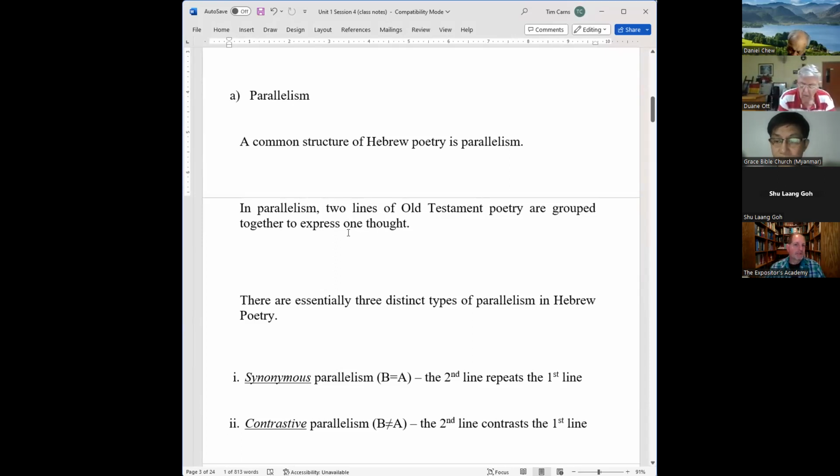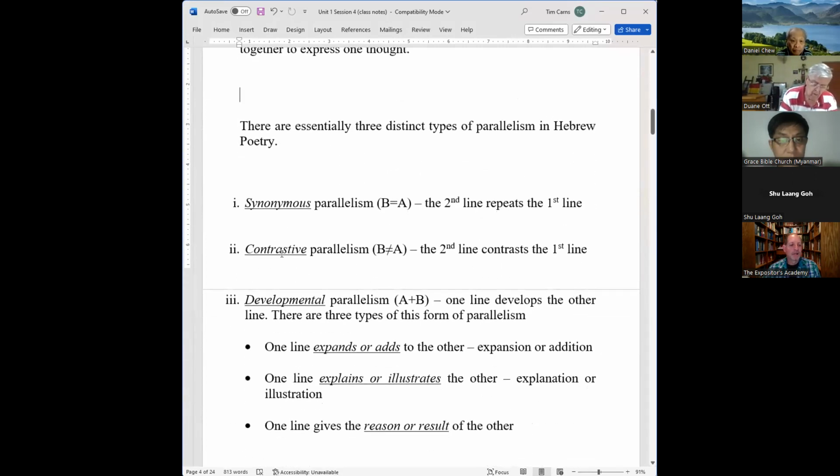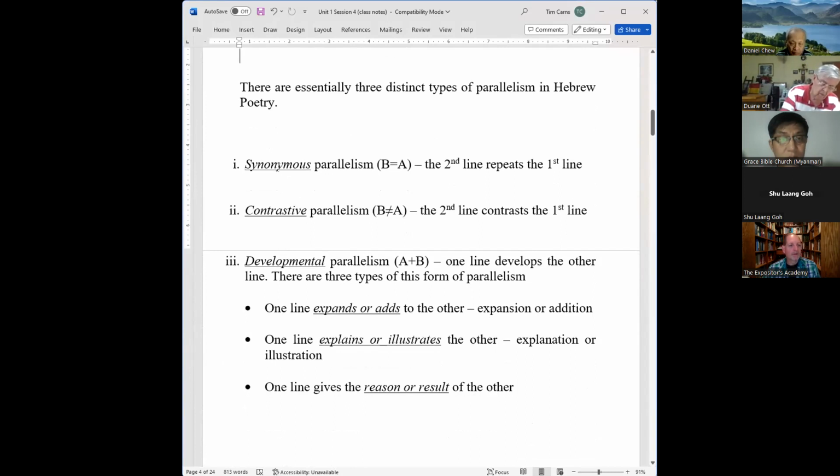And there are three main types of parallelism in Hebrew poetry that we looked at: synonymous, contrastive, and developmental. These are the three main categories. As I said before, I think scholars have identified other ones, but it gets pretty technical, and I don't think it's helpful.